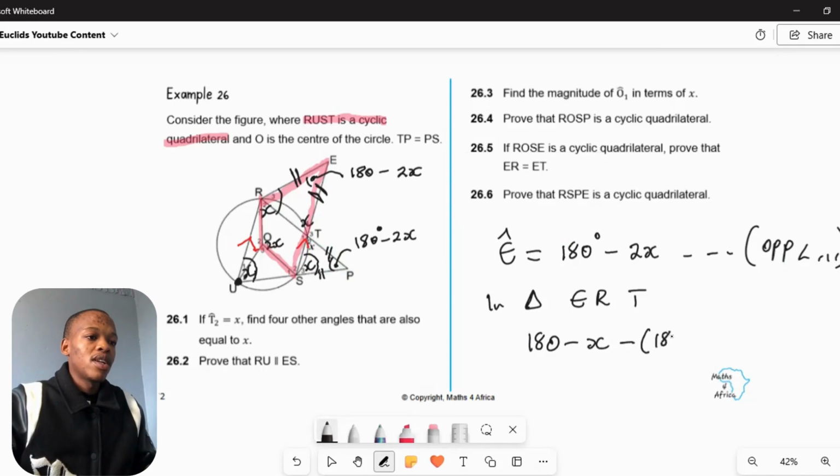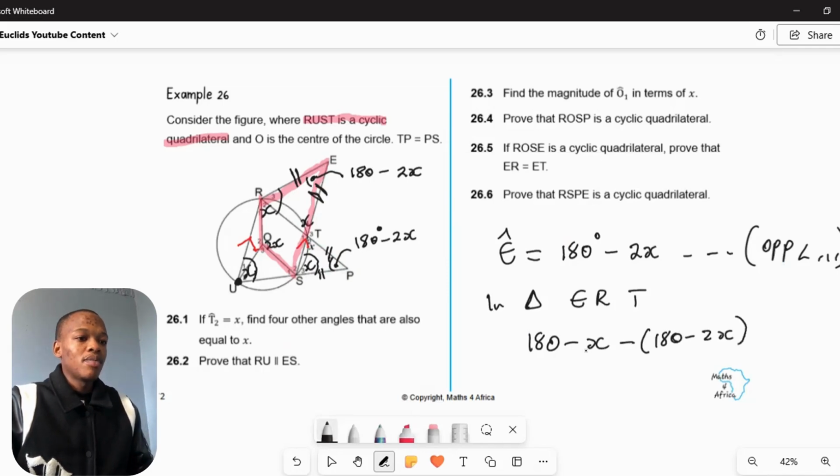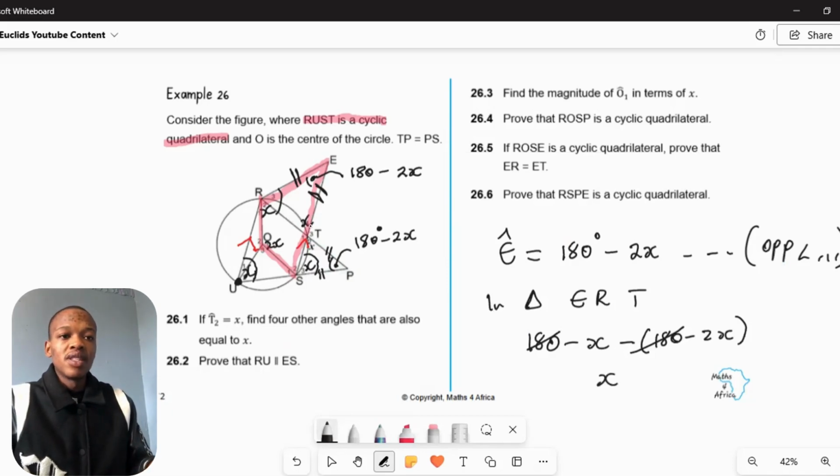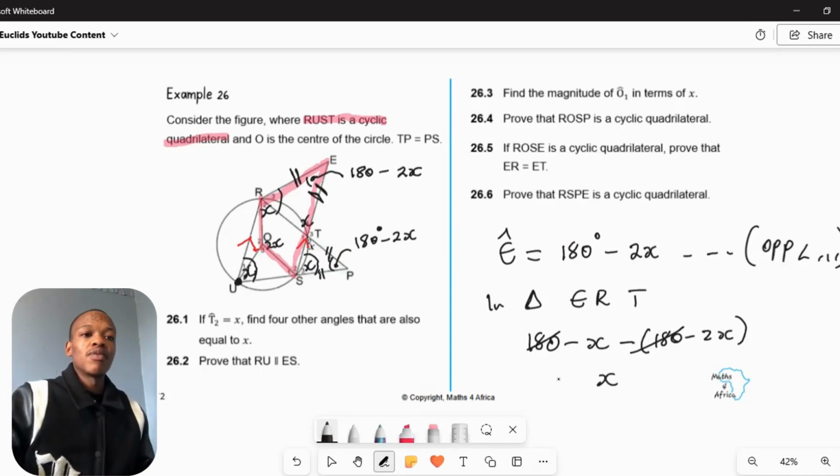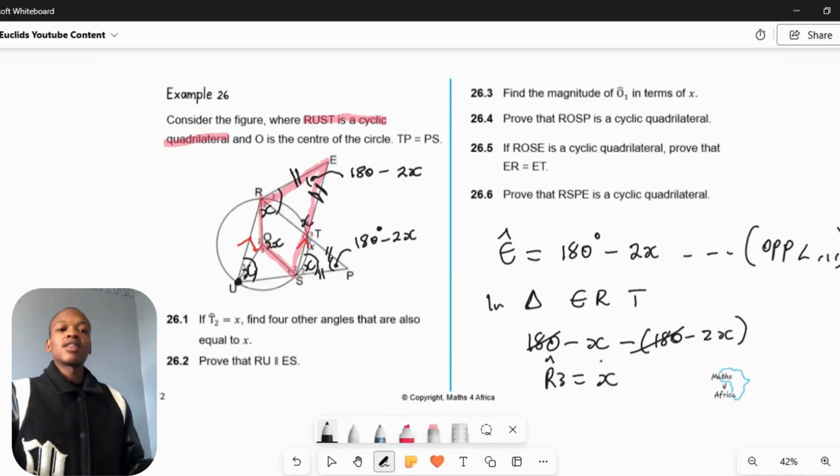So 180 minus x, and then this is going to be a negative 180, so it's going to cancel out. It's going to be a positive 2x and then minus x, that is x, which means angle R3 is equivalent to x.